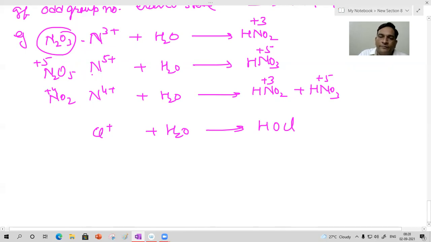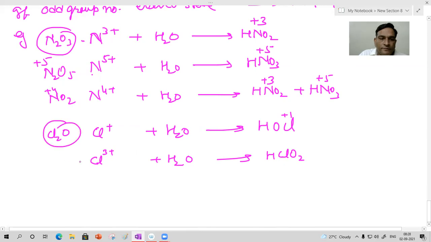That's why we are getting the same oxidation state product. Another example, my dear, Cl plus 3, odd oxidation state, odd group number. Now we are getting HClO2. Here Cl2O is the example. Here Cl2O3 is the example.